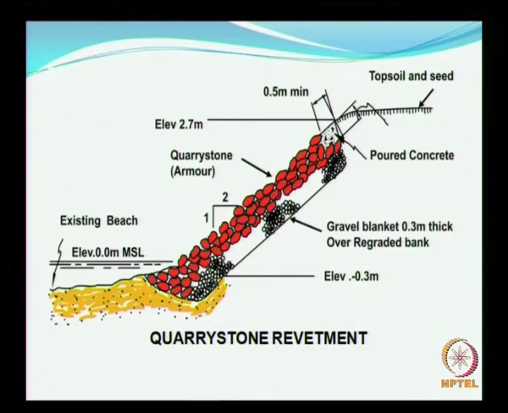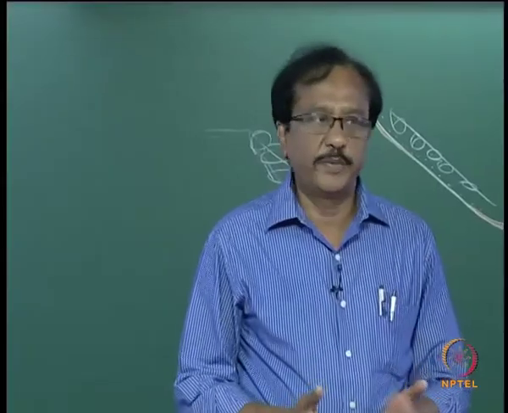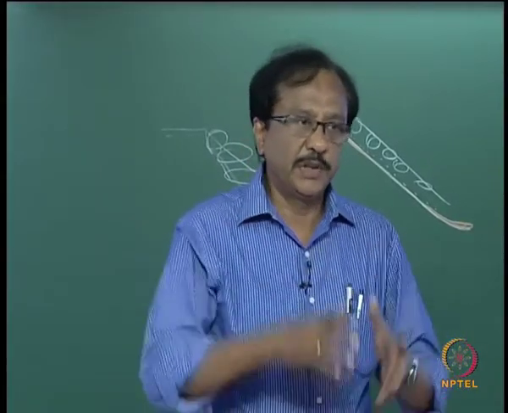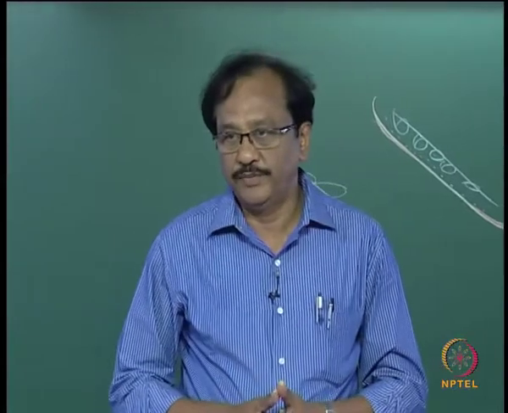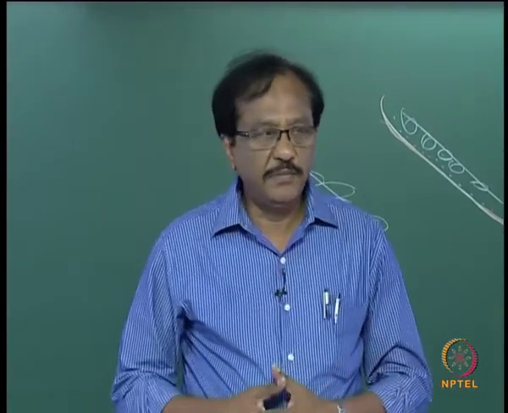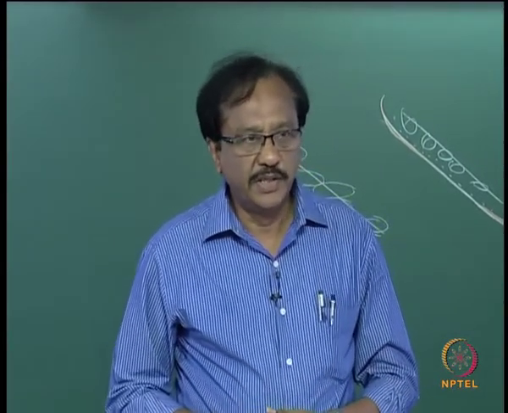So this is a typical cross section of a revetment taken from the Coastal Engineering Manual, the old Shore Protection Manual. Coastal Engineering Manual was referred to earlier as the Shore Protection Manual, and prior to that it was referred to as TR4. All these are from the US Army Corps of Engineers.